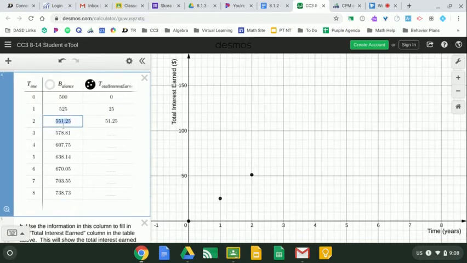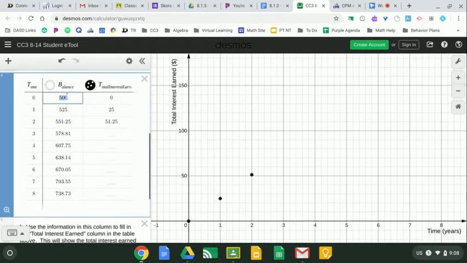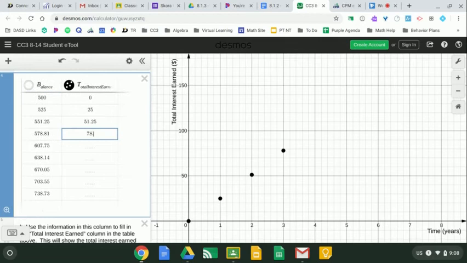If we take $551.25 and subtract our initial balance, because we're looking for the total interest earned, we get $51.25. Let's do the same thing again. $578.81, subtract 500, and we get $78.81. Continue subtracting $500 from the balance to get your total interest. I'll meet you at year 8.